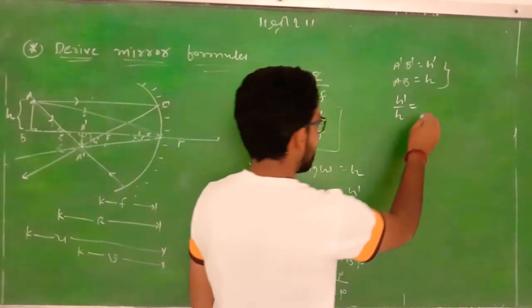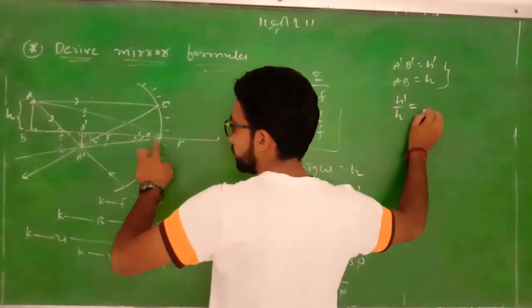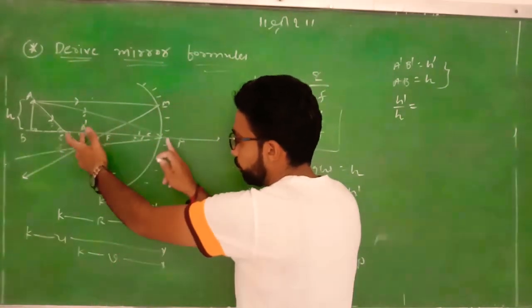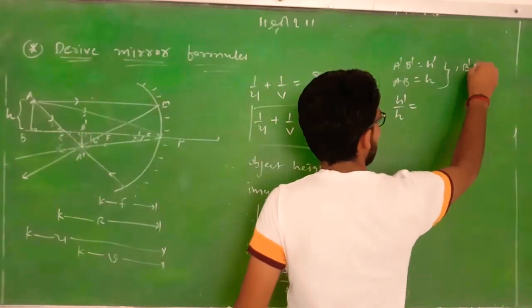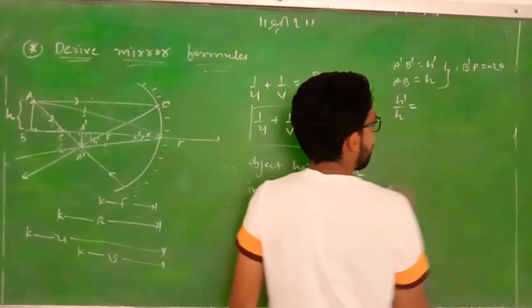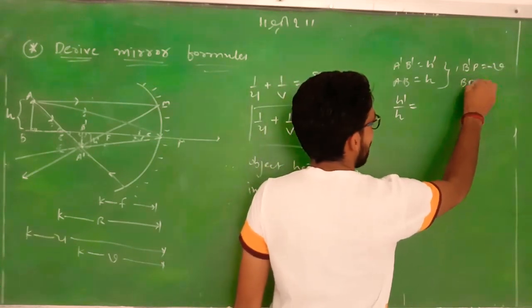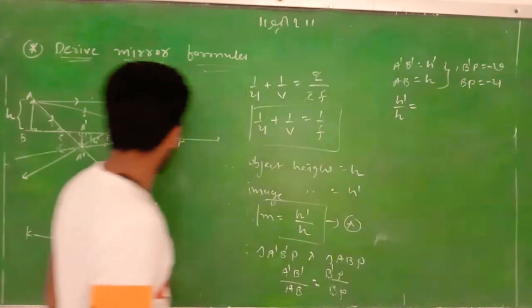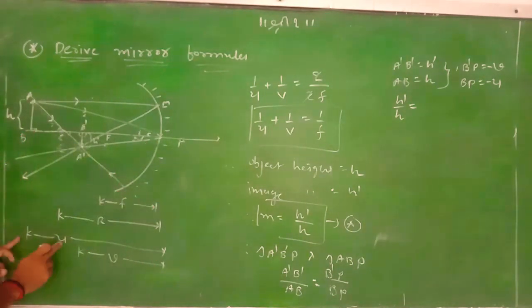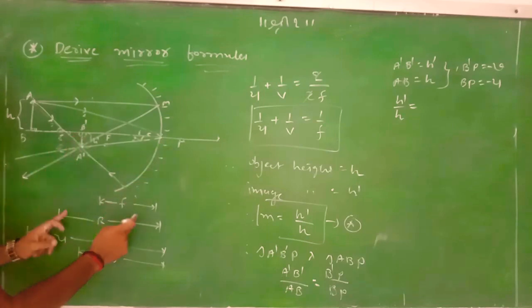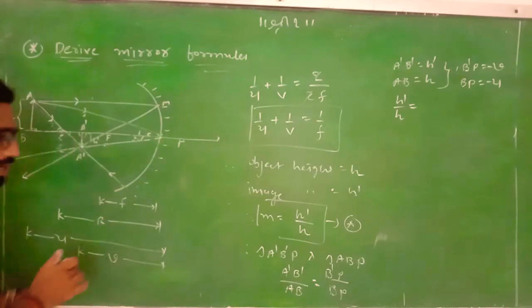Now B dash P is the image position from the pole, that is the image distance. From the figure, B dash P is image position minus v and B P is object position minus u. This is B P, that is u, but in LHS it is minus u. B dash P is v, but in LHS it is minus v.